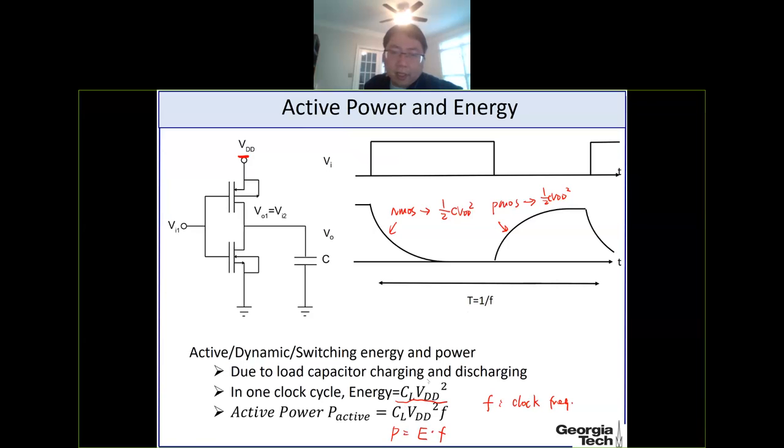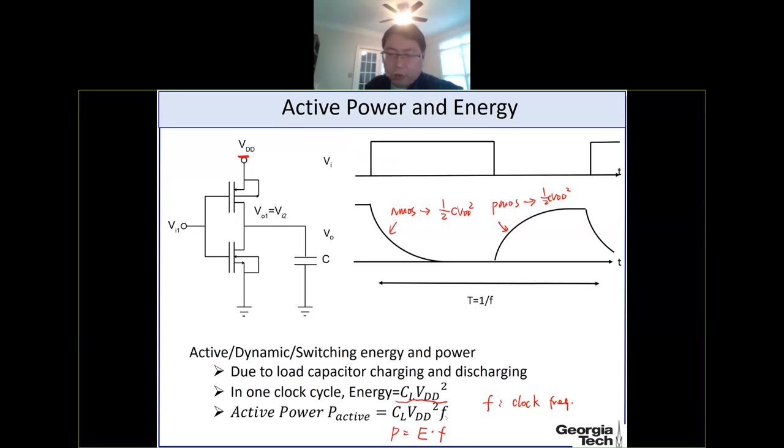And this is the energy. The relationship between energy and power will be energy times the clock frequency. And this energy consumed in each cycle is a constant. It just depends on the capacitance, which is the load, and then the power supply, VDD squared. And clock frequency is what you can tune as a designer.